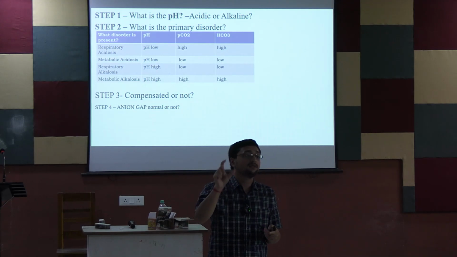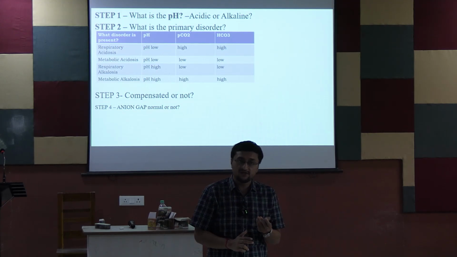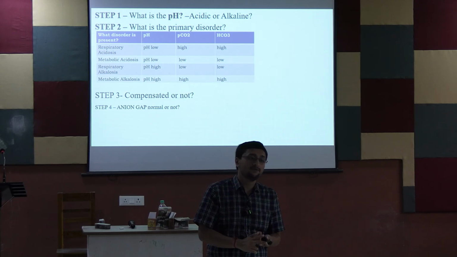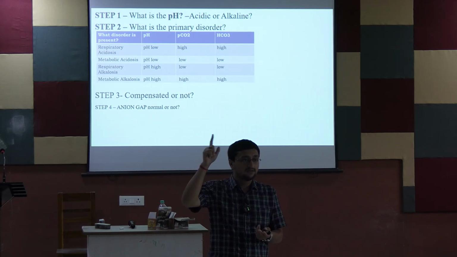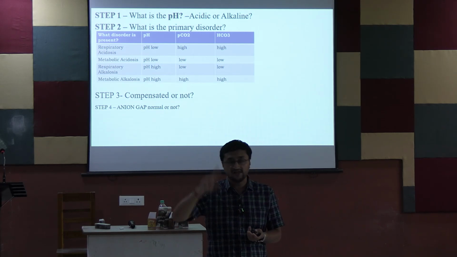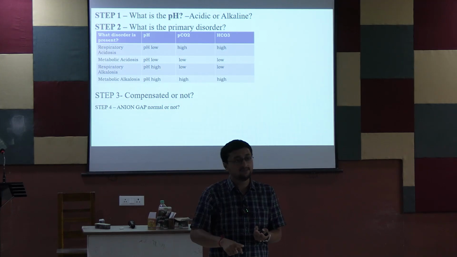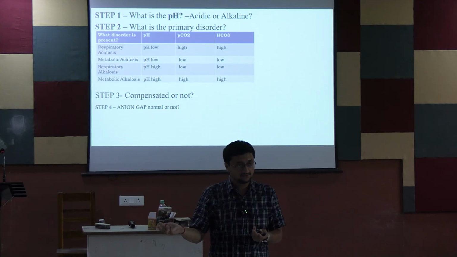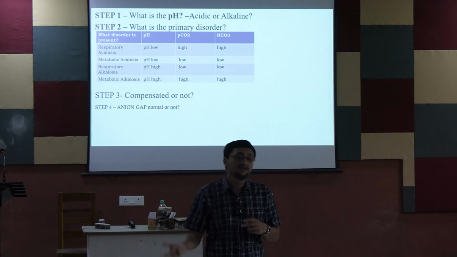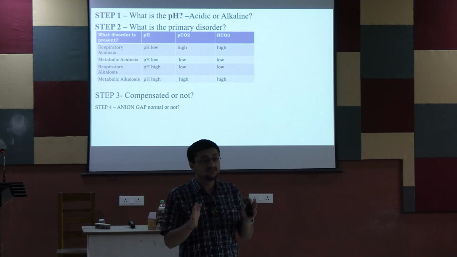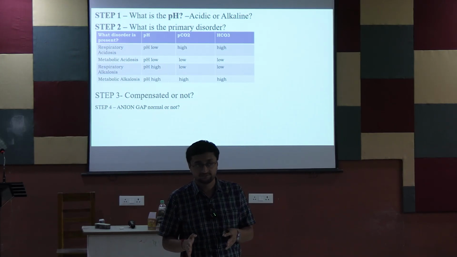That is, primary is metabolic. When the arrows go in the same direction, that means the primary is metabolic. pH high, PCO2 high, bicarbonate high, that is also primary metabolic. Metabolic alkalosis definitely. Okay? And when they go in the opposite direction, that means the primary is respiratory.